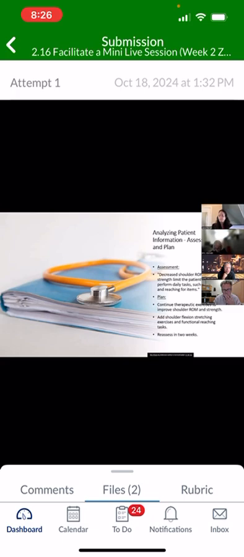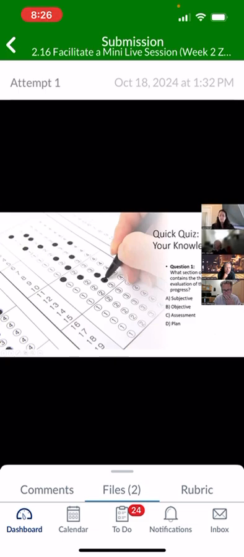We want to make sure that everything is documented under the plan so that when we reassess in 2 weeks, we can see if there is any advancement, if we need to change the plan, and if there are any complaints.